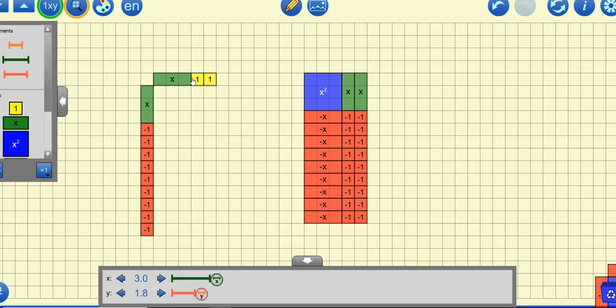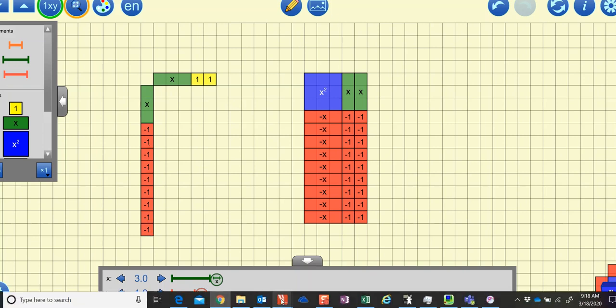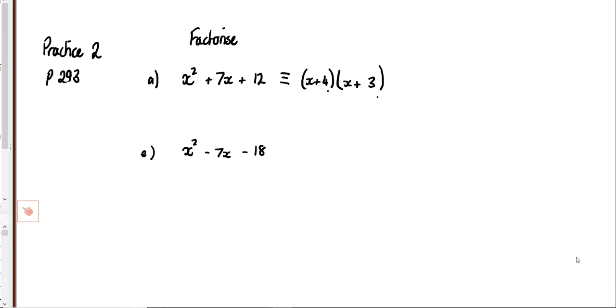And we see our brackets. So this would be x plus 2 and x subtract 9, which for those of you that were doing it before, okay, x plus 2, x subtract 9.